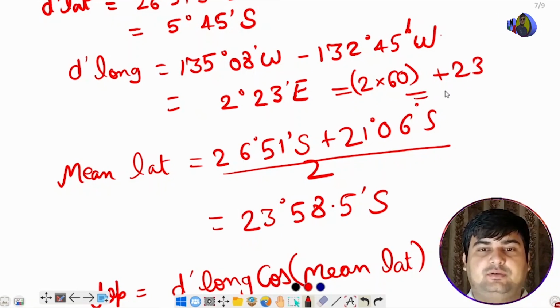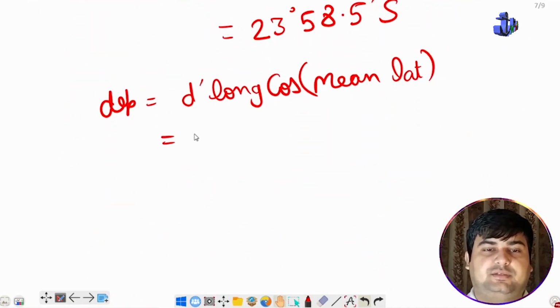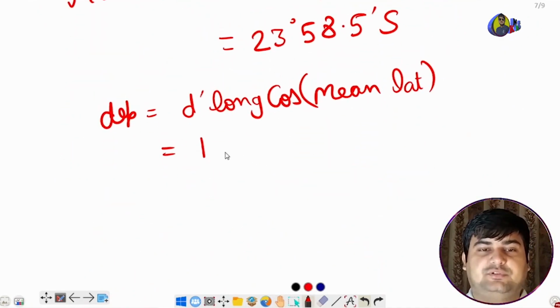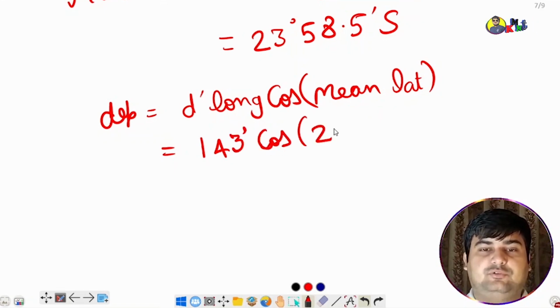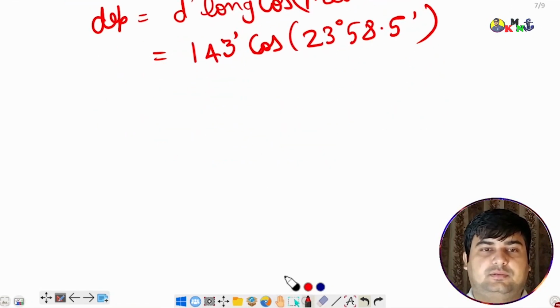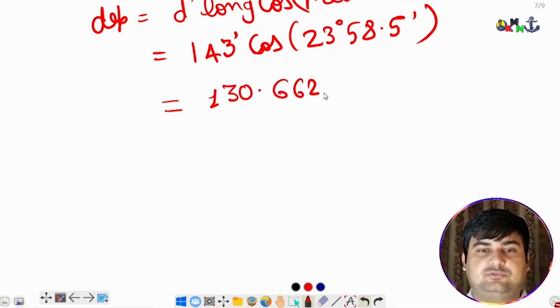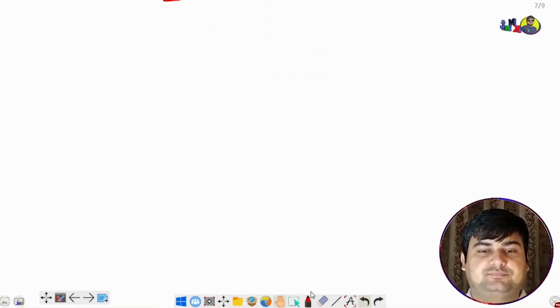So it will be 120 plus 23, which equals 143 minutes or 143 miles. 143 we will enter here, because departure we will calculate in miles. 143, and cos mean lat we know, 23 degrees 58.5 minutes, and departure will come out to be 130.662 miles.